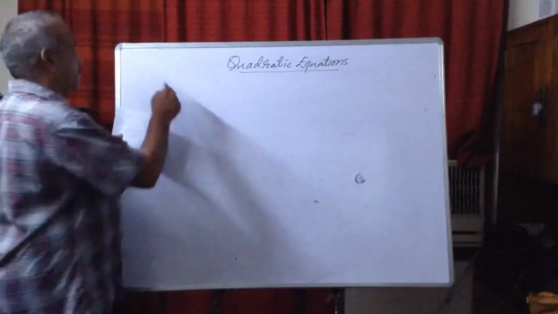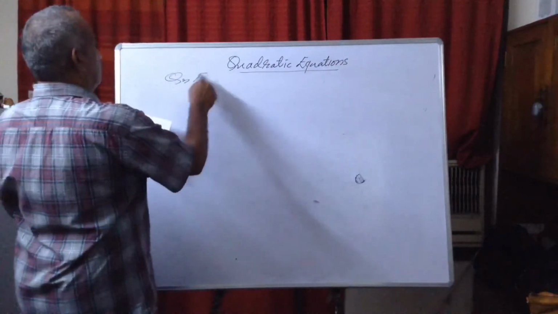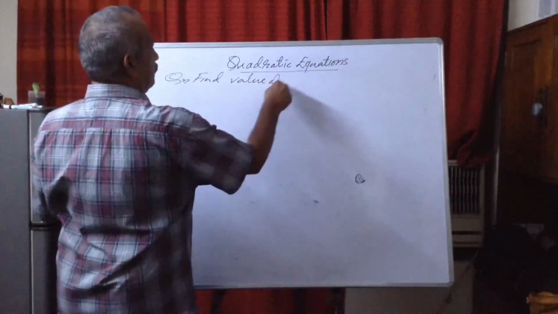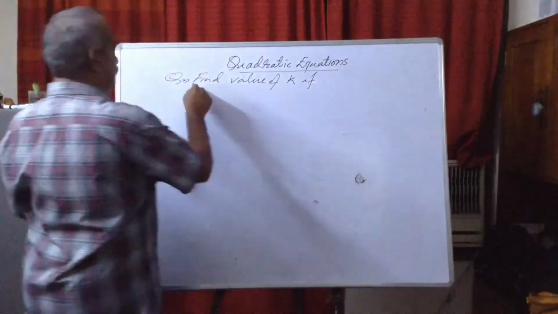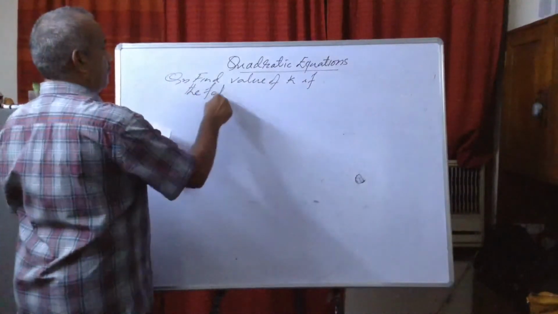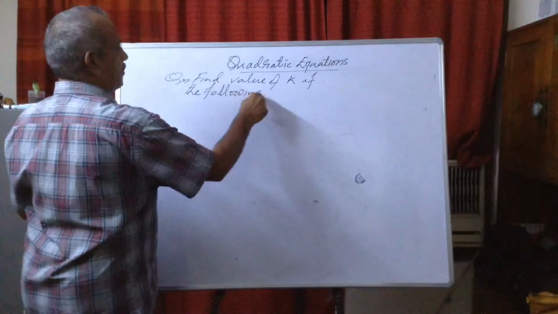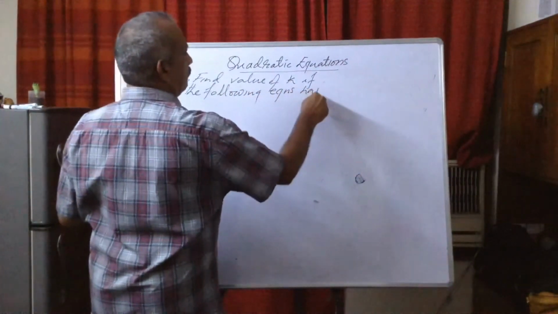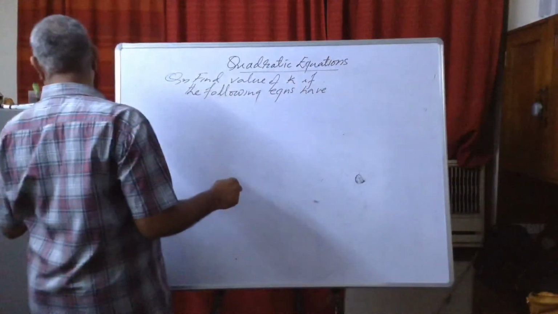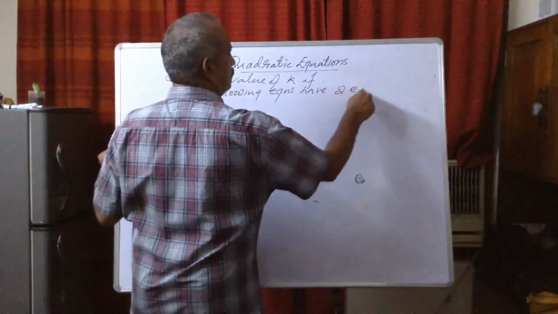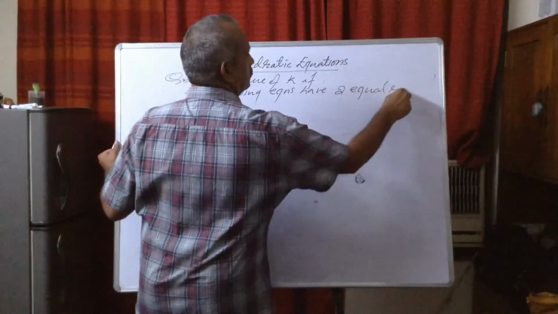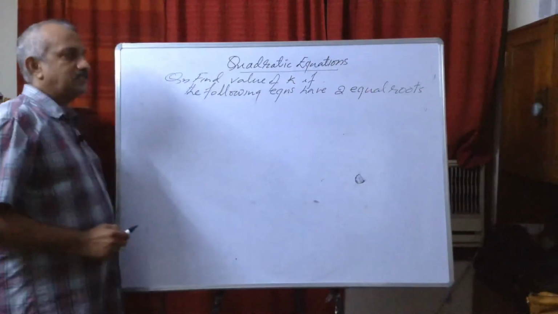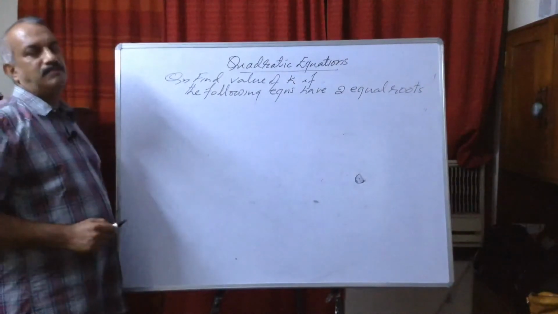The question is: find the value of k if the following equations have two equal roots. If the following equations have two equal roots, then find the value of k.